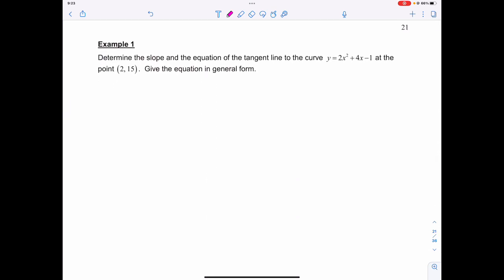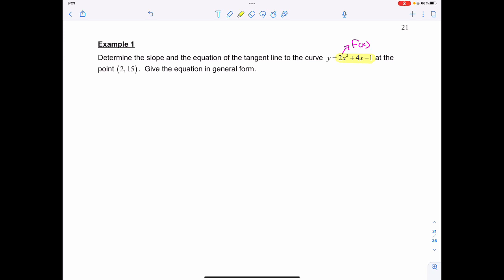So if we put this into our first example, it says determine the slope and the equation of the tangent line to the curve y is equal to 2x squared plus 4x minus 1. Then this is our f of x.